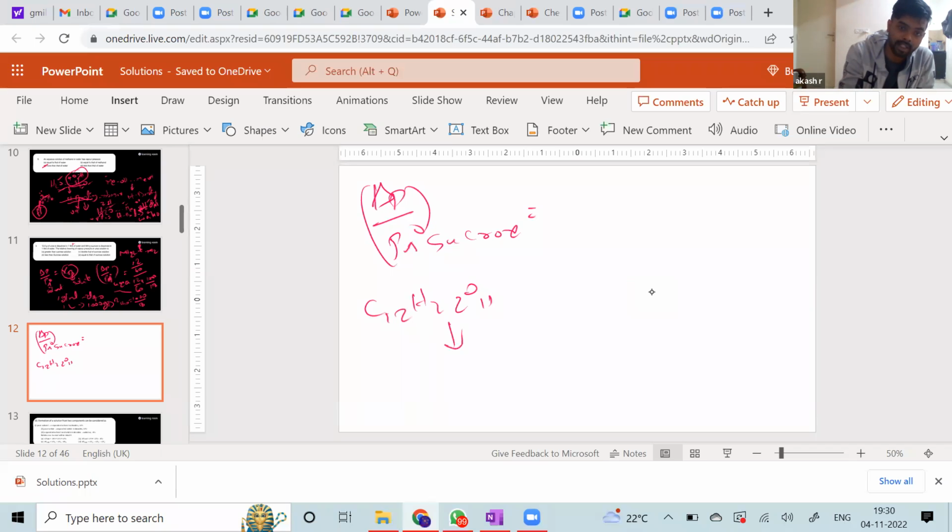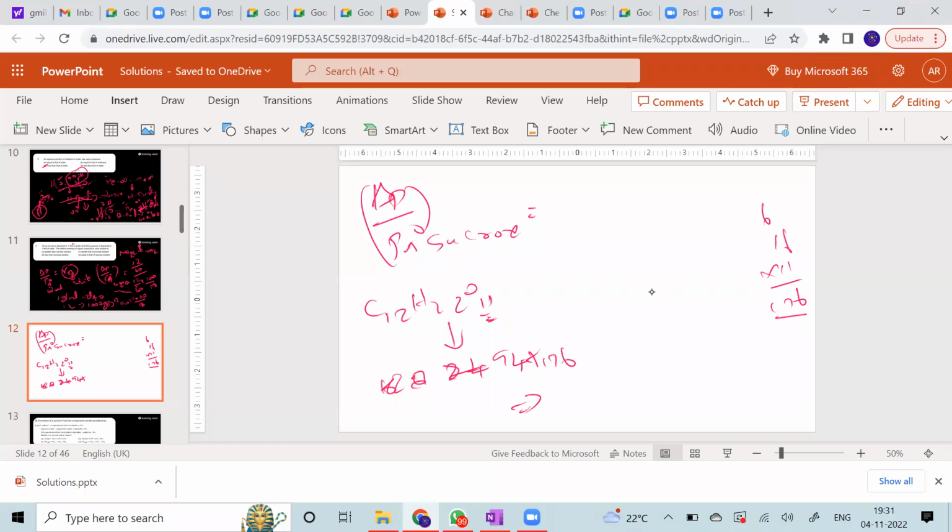So if you calculate the molecular mass of this, how much will it be? 72 plus 22, that is 94. 94 plus 16 into 11. 16 into 11 is 176.